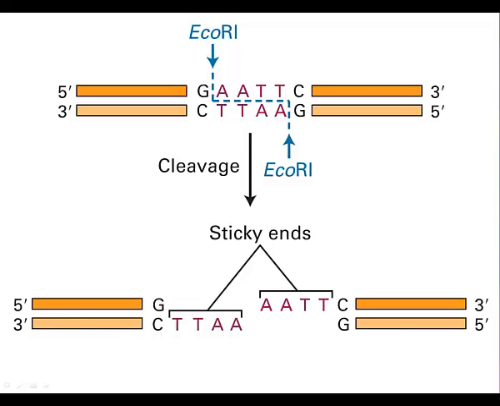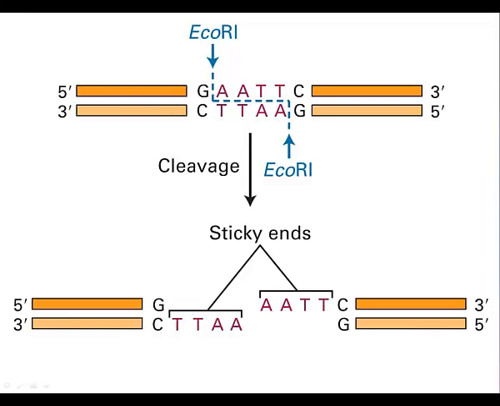So in nature, these restriction enzymes actually target foreign sequences, and you could think of them like molecular scissors. So the job of a restriction enzyme is actually to recognize foreign DNA specifically, and chop it up into a bunch of little pieces.